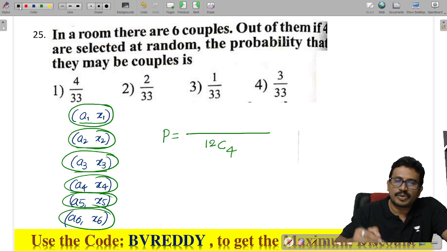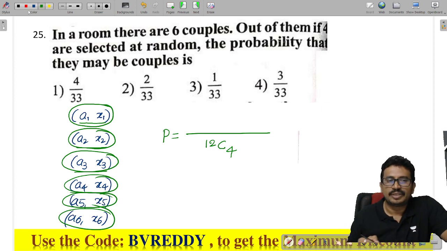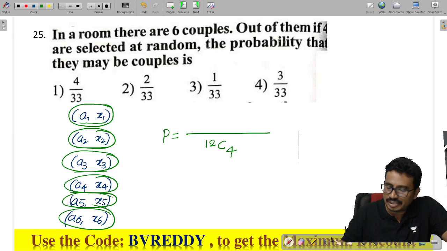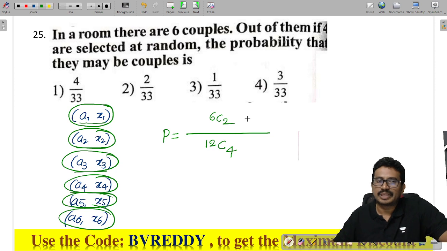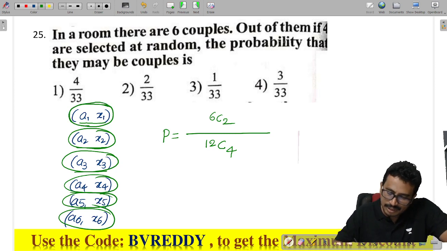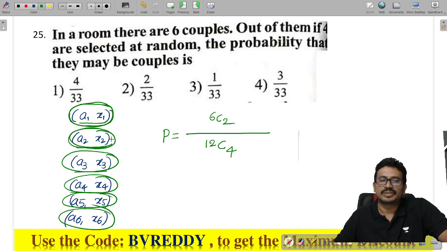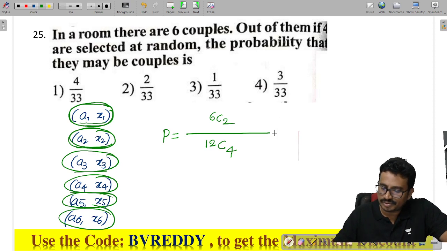From the 6 groups, how many do I need to select? I need to select 2. If I select a complete group, that means 2 numbers are selected, and another complete group, another 2 numbers. Group-wise we have selected 6C2 by 12C4.